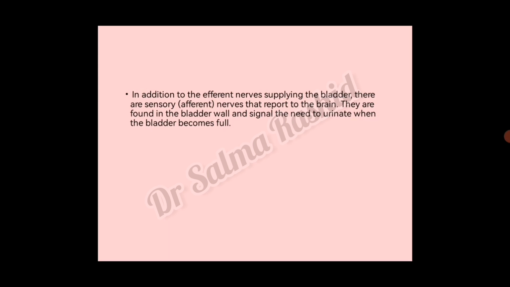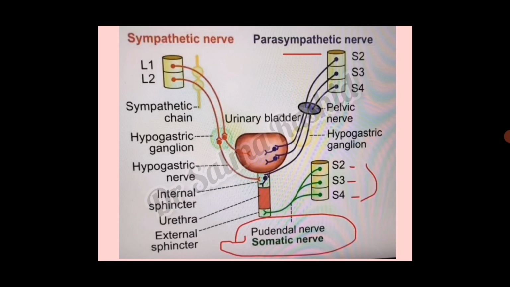In addition to the efferent nerves supplying the bladder, there are sensory afferent nerves that report to the brain. They are found in the bladder wall and signal the need to urinate when the bladder becomes full. Now, the sympathetic nerve supply of the bladder is through the hypogastric nerve, but the sympathetic nerves only supply the blood vessels and have no direct effect on the detrusor muscles.